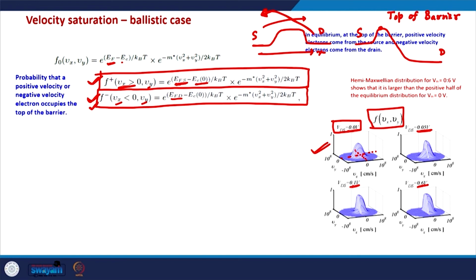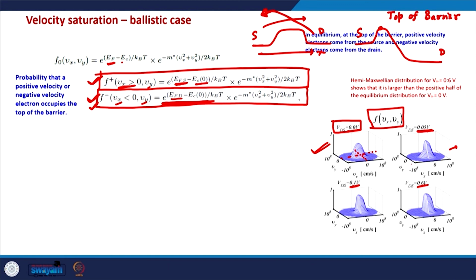So the net velocity is 0 in that sense, and that is the equilibrium condition. When a small VDS is applied, in that case this EFD goes down a little bit, and that essentially reduces this EFD minus EC0, and things are now skewed. Now F plus and F minus are not the same, and as you can see here, now more electrons have positive velocity as compared to negative velocity.